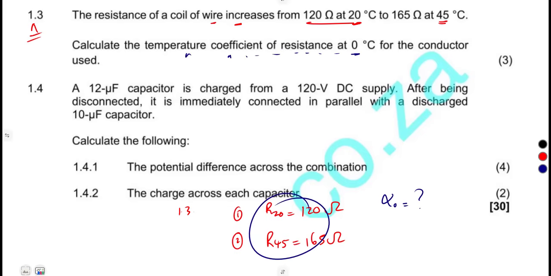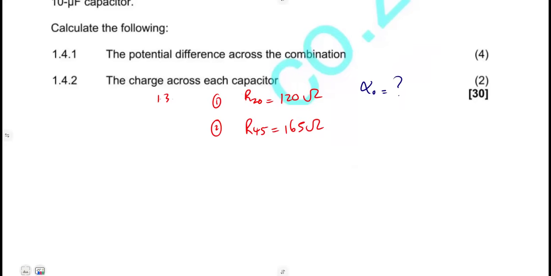Given these different temperatures, we do not have anyone that is considered at zero. But the temperature coefficient of resistance is needed at 0 degrees Celsius. So you use this formula that connects these two conditions, the first condition and the second condition, which are not at zero.